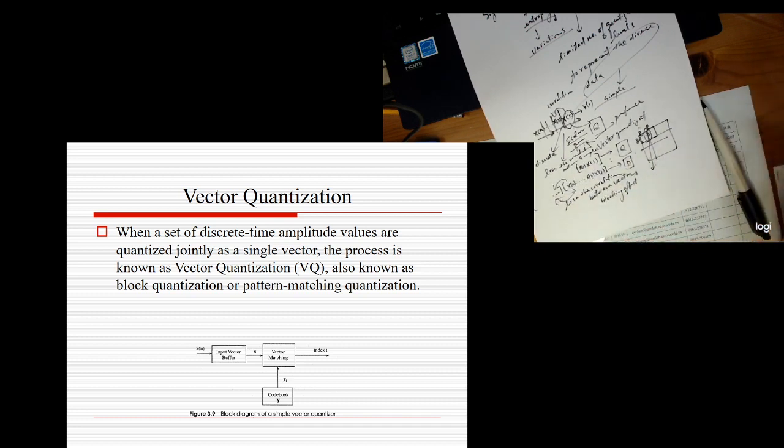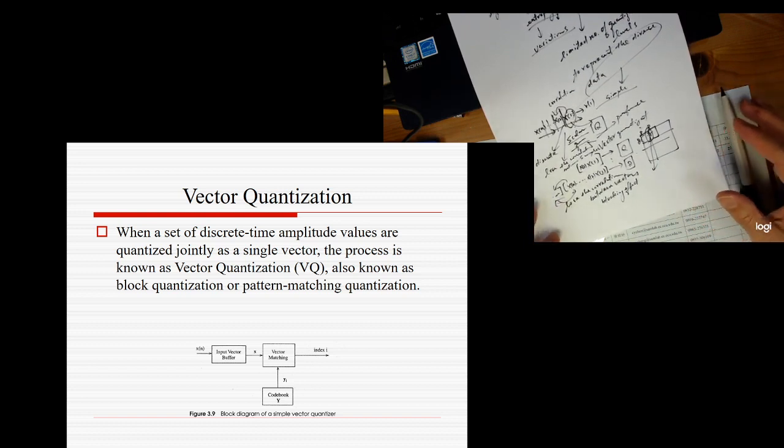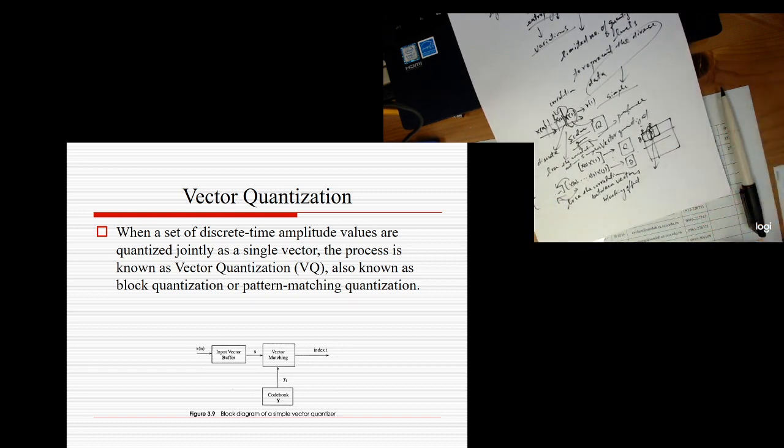So what is quantization? From your signal, you try to find redundancy and remove it, making the signal easier to quantize, because we are trying to find a representative.